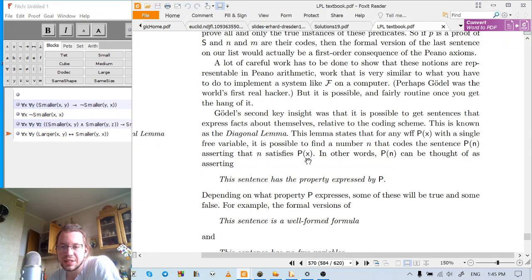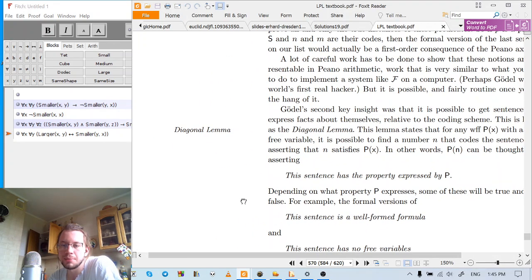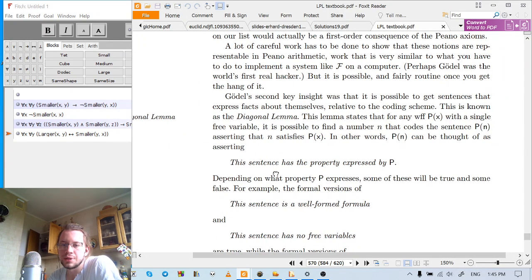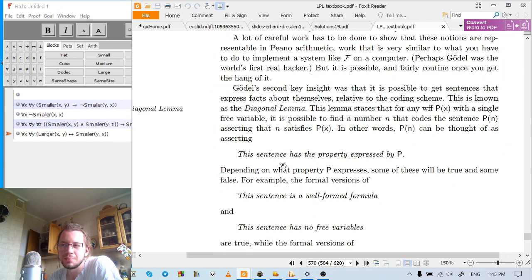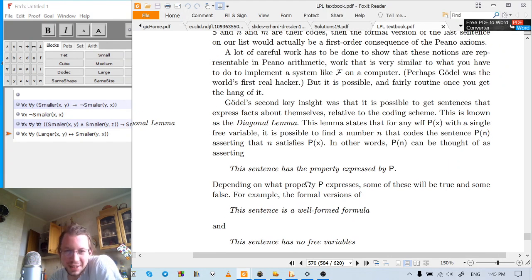This lemma states that for any wff P of X with a single free variable, it's possible to find a number N that codes the sentence P of N, asserting that N satisfies P of X.